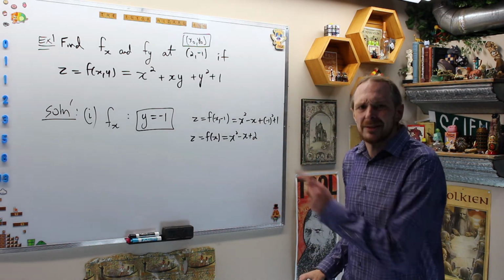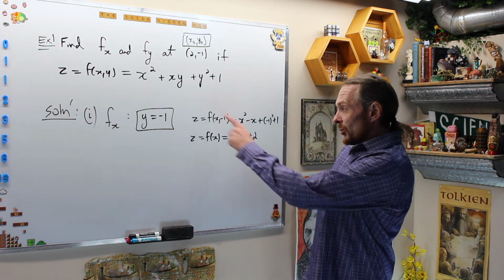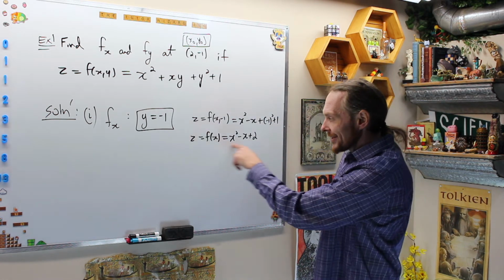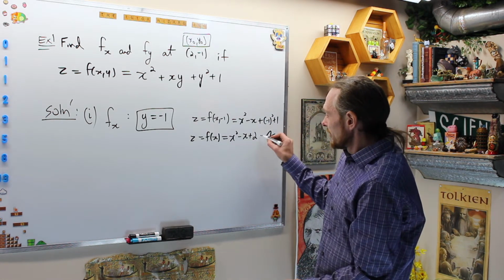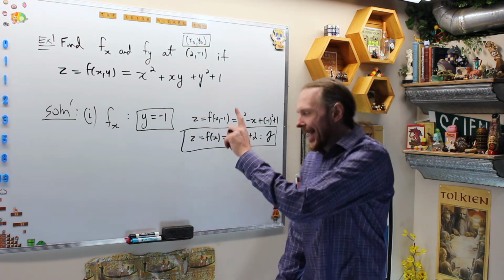Now you can see what they're saying in that general idea. When I hold y constant, that plane intersects my surface, which gives me a curve. This is gamma. It's now a function of one variable x.